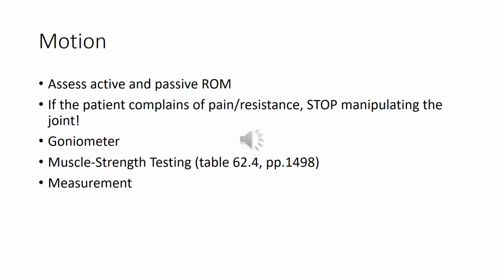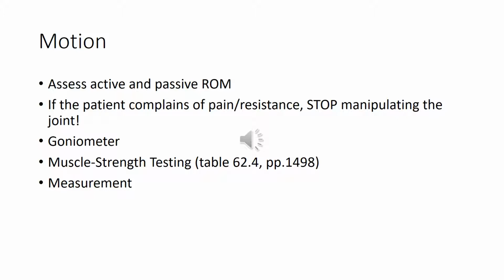You would measure the affected limb between the anterior superior iliac crest and the bottom of the medial malleolus, so from the hip to the heel, and then compare it with the opposite side.